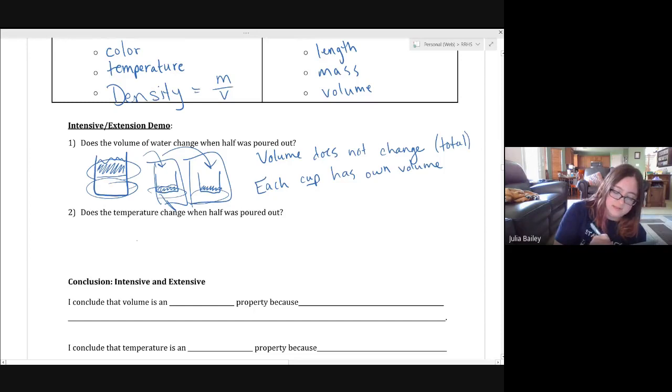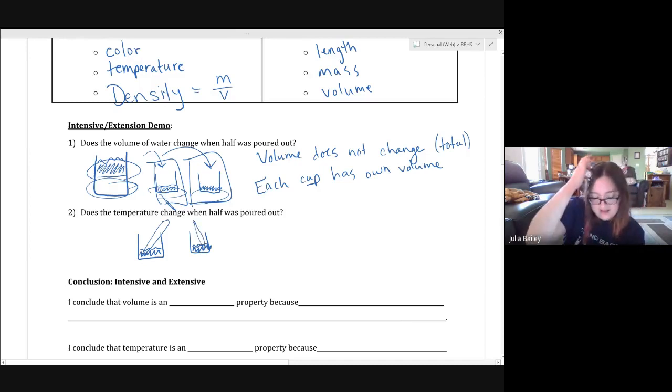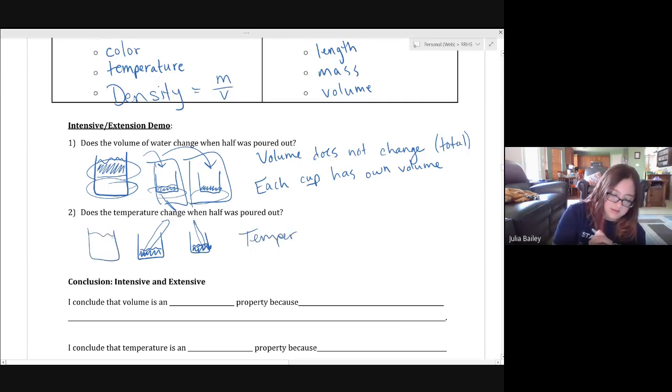But if I take those 2 smaller cups that I poured half into, and then I measure the temperature, like stick a thermometer in there. Pretend that's what thermometers look like. Is the temperature going to be different? No. The temperature, like in the big cup, would be the same in all 3 cups.